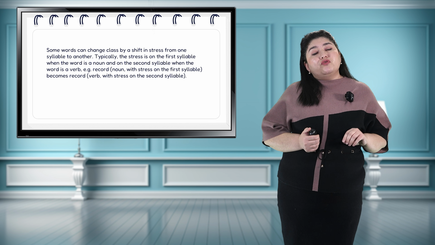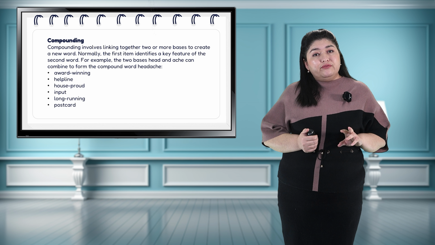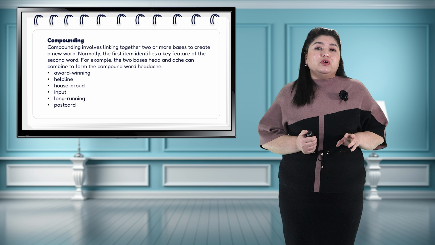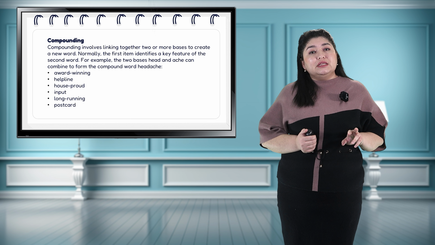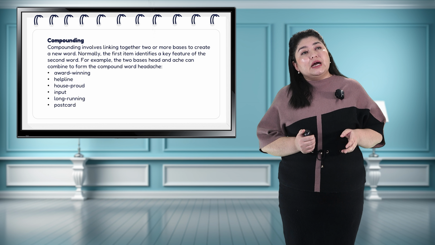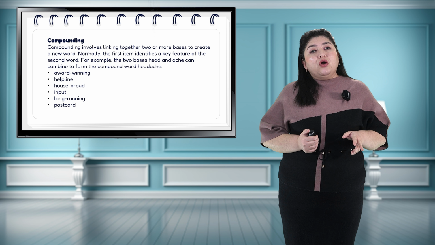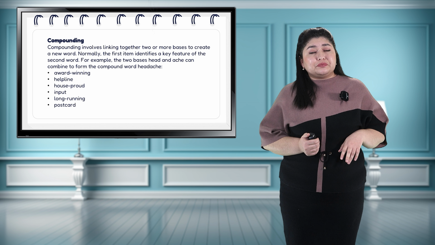Compounding involves linking together two or more bases to create a new word. Normally, the first item identifies a key feature of the second word. For example, the two bases head and ache can combine to form the compound word headache, or helpline, or house-proud, or long-running, or postcard.